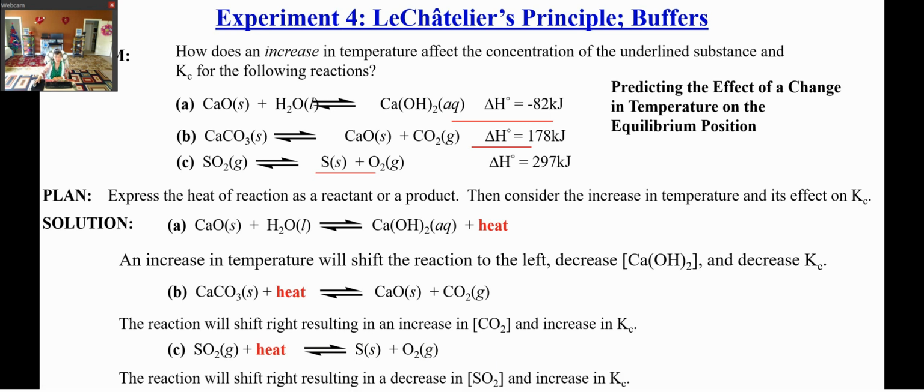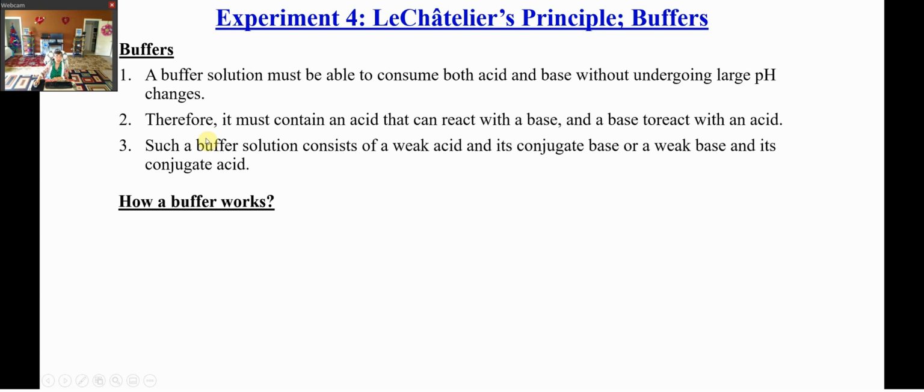And then the buffer solution also affects the pH shift, but a buffer solution can tolerate more external stress. A buffer solution must be able to consume both acid and base without undergoing a large pH change.